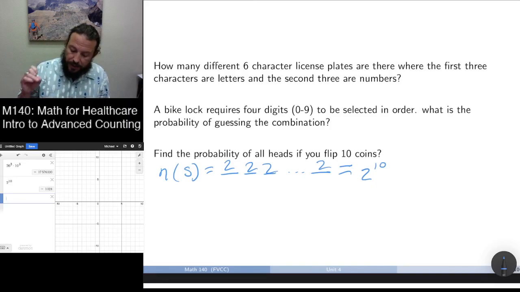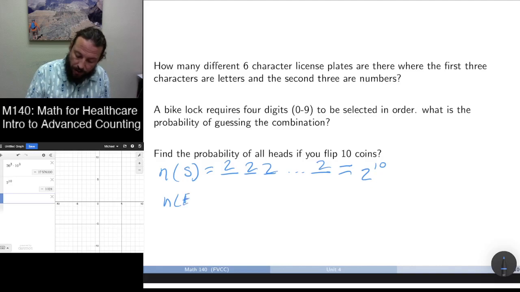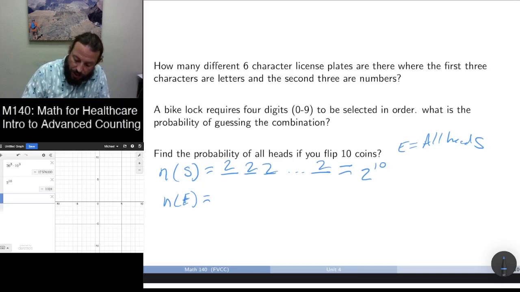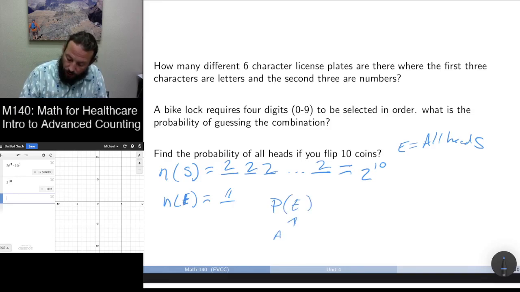Now, how many ways can you get all heads? The size of our event is really what we're asking there. Where E is the event, we get all heads when tossing the coin. So what's the size of our event here? It is just 1. And so the probability of E, which is all heads when tossing 10 coins, is going to give me 1 over 2 to the 10th.